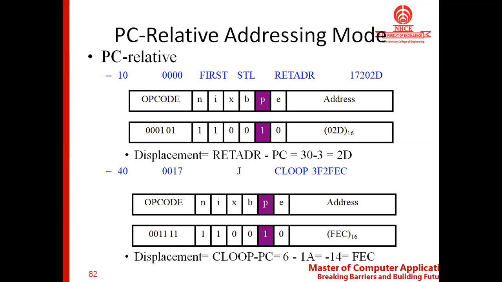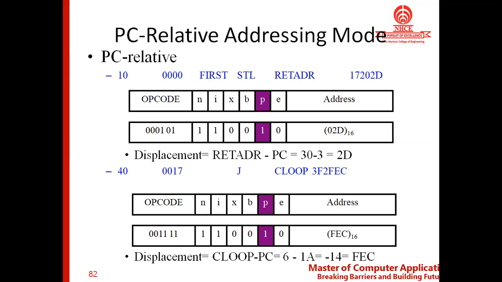Since it is a negative number, I have already told you that SIC/XE supports floating point, and it also supports integers and characters. When you deal with integers, it can accept negative values. If it is a negative value, then it has to follow the 2's complement representation.